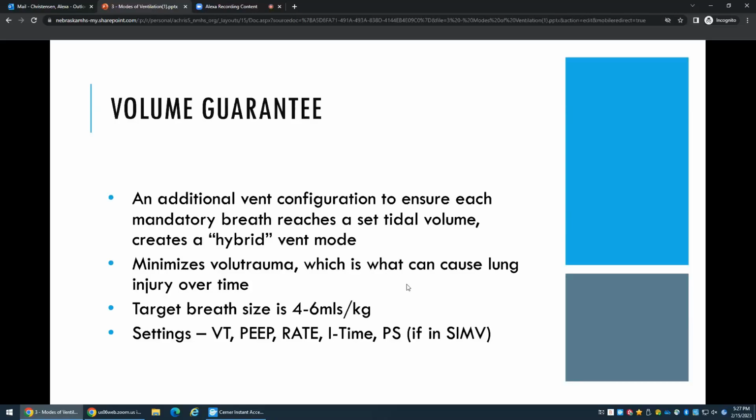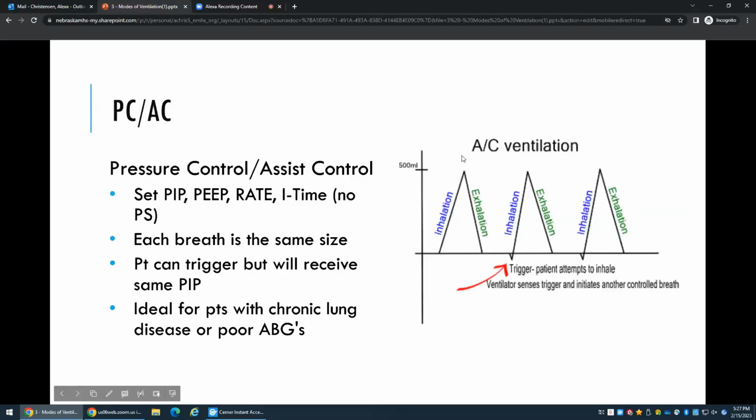So the physicians want us to be using a volume mode so that each breath is the same size-ish in mils, if that makes sense. So in PCAC, all of your tidal volume breaths, all the volume in mils will be the same.